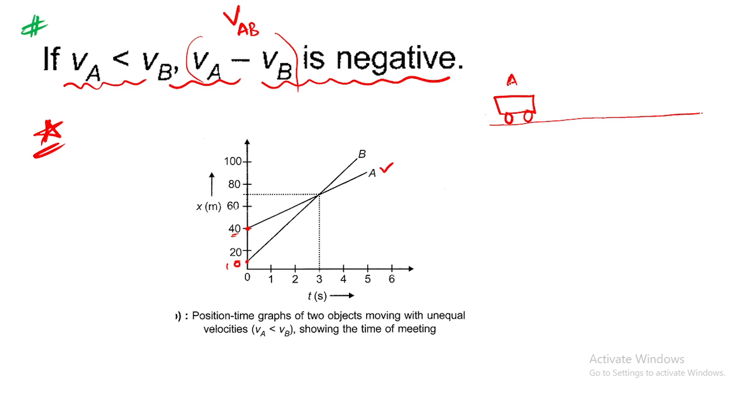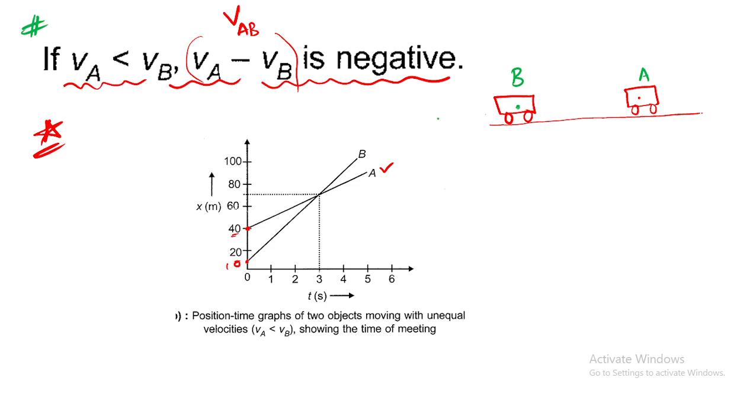Car A is here, and there is one more car, car B. Sorry, let's take this as B and this as A. Now B is located at 10 meters, and A is located at 40 meters.